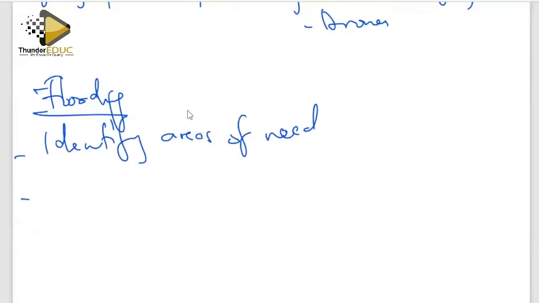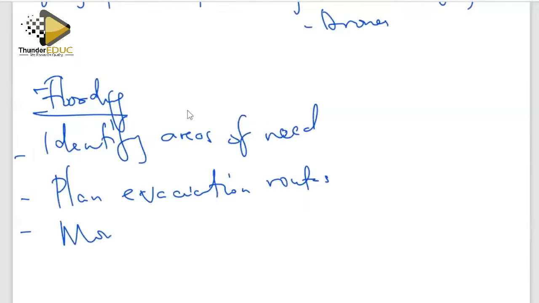And also, we can plan evacuation routes. We can analyze which route is accessible, and then we can use those routes to evacuate the people from the area. And also we can use remote sensing to monitor flood levels.